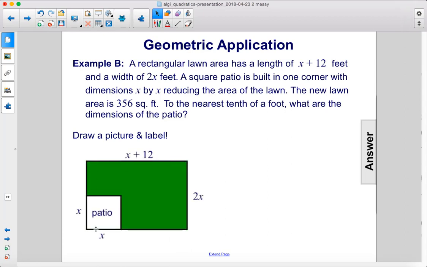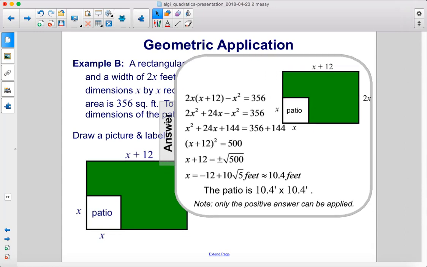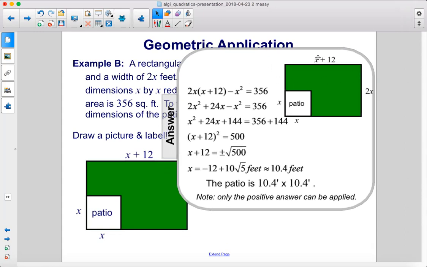Alright, so we have our lawn, and the sides are x plus 12 and 2x, and here we build in a patio that's x by x. So, all we do is multiply 2x times (x plus 12), and then subtract the area of this square, which is x squared, x times x, and that equals 356, because that's the new area once we subtract this area here.